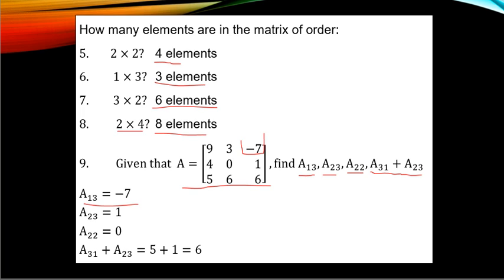A2 3 means the element in second row, third column, that is 1. A2 2, element in second row, second column, that is 0. Now A3 1, element in third row, first column, is 5, plus A2 3, which you know as 1 before. So when you add, you have 6.